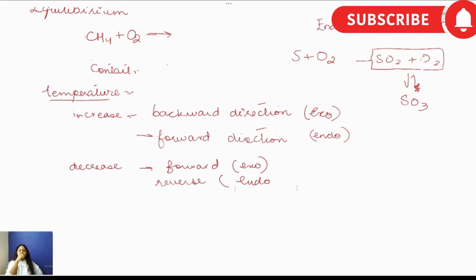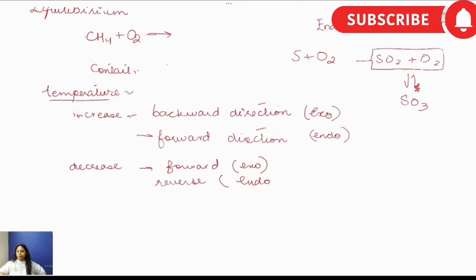Look at these statements and then tell me which reaction is favored by an increase in temperature. How do you say favored? Favored means more products are produced.